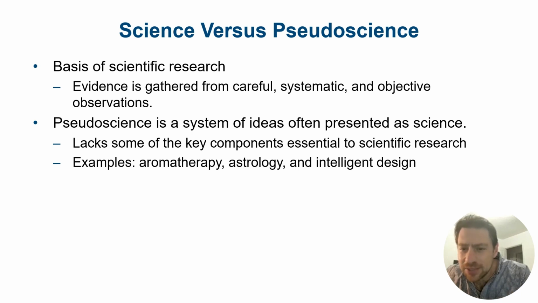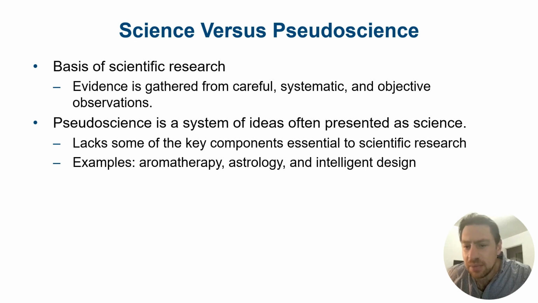All right, so in the last part of this module, we're going to consider science versus pseudoscience. Science is a way of knowing that is characterized by careful, systematic, objective observations of the sort that we described in this module. Now, sometimes you encounter pseudoscience. Pseudoscience is a belief or a system of beliefs that is presented as being scientific while lacking one or more critical components of the scientific method.